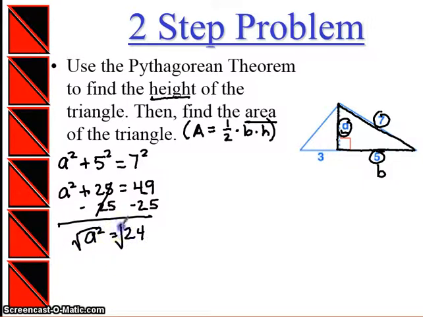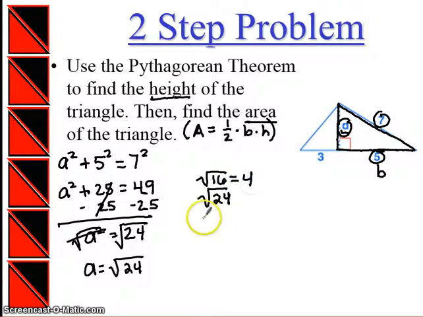If we square root each side, the square and the square root will cancel, and we get a equals the square root of 24, which we know is not a perfect square root. We know that it's between the square root of 16, which is 4, and the square root of 25, which is 5. So this is going to be 4 point something.